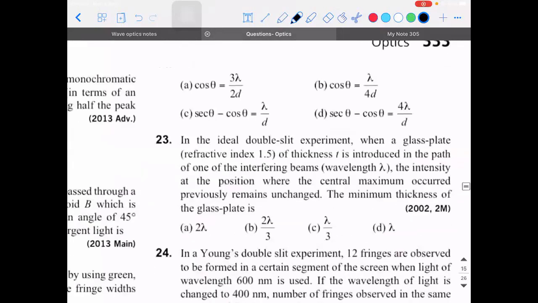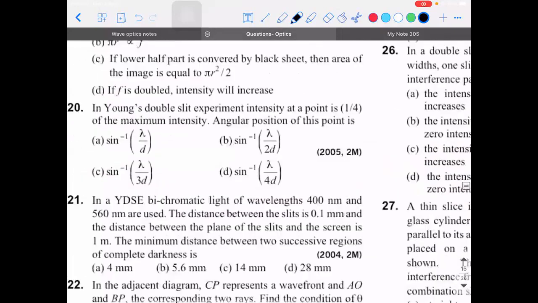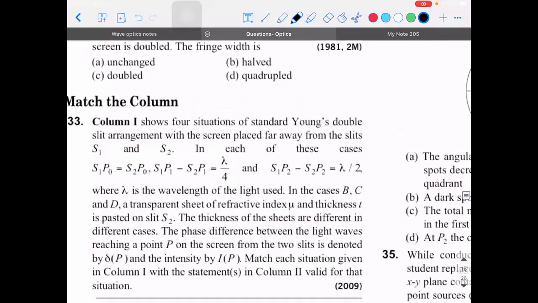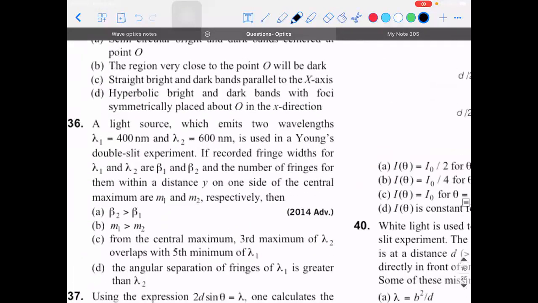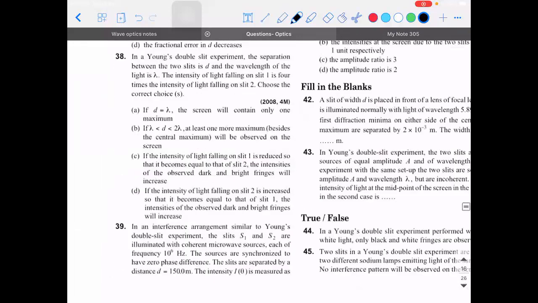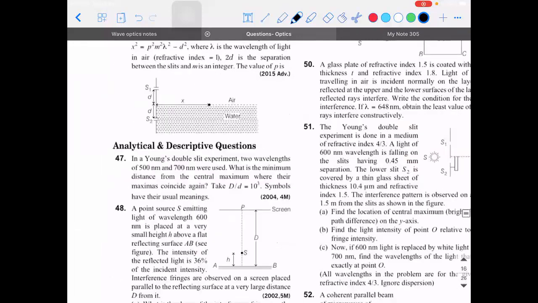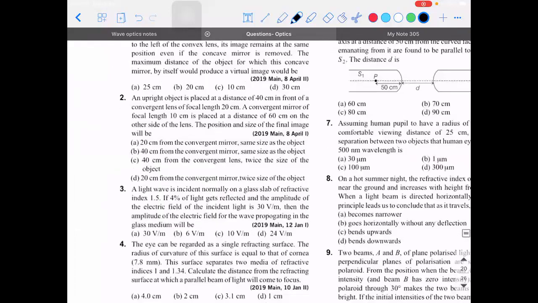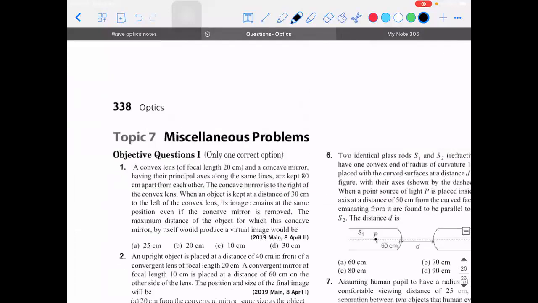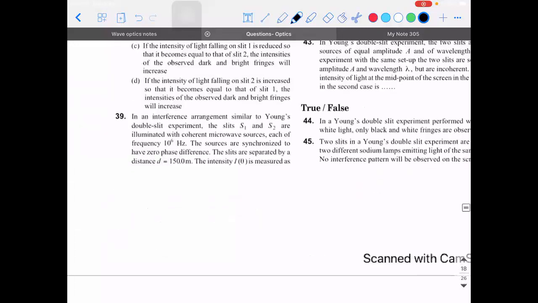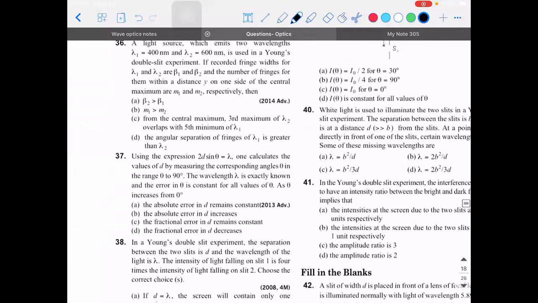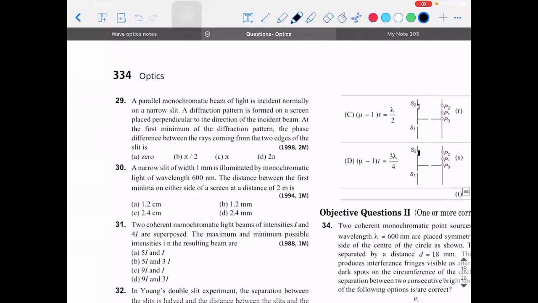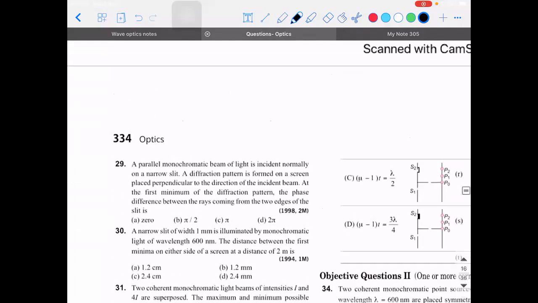So let's try out a few problems based on YDSE diffraction. Here everything is combined. Did any one of you get a diffraction based problem in the JEE question paper?